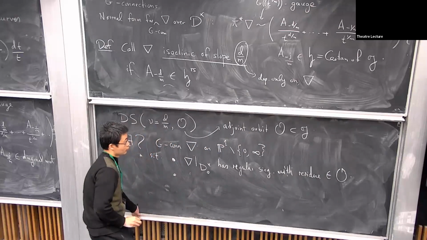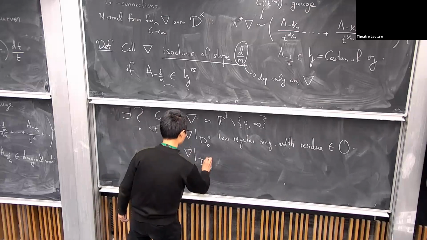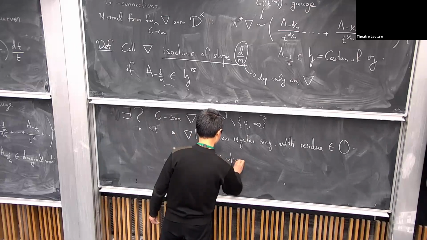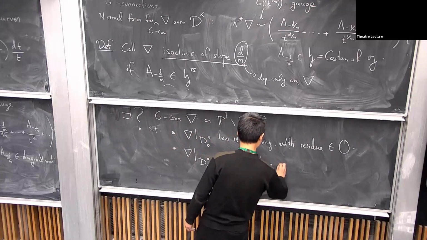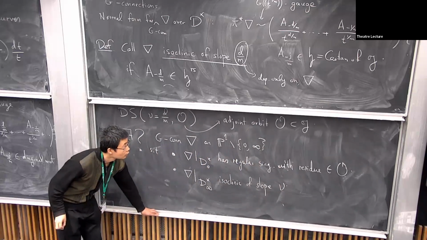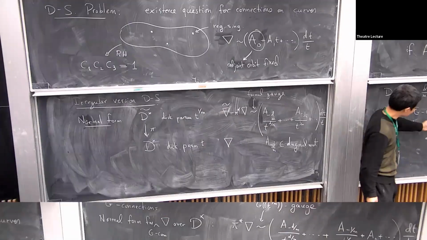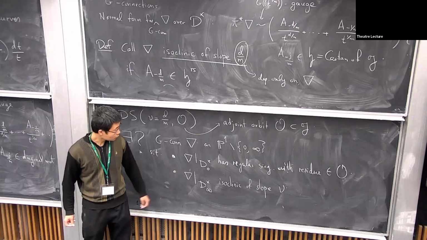And second, near infinity, this is isoclinic of the given slope. This is about P1 with two punctures, with regular singularity at 0 and irregular singularity at infinity.